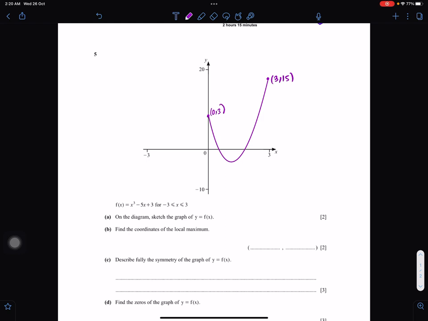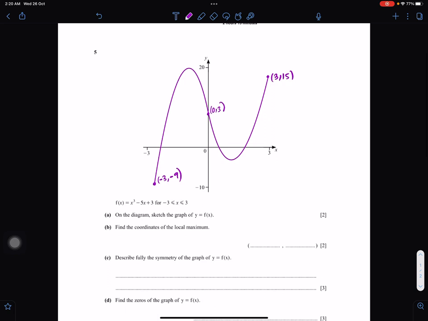Similarly, we have an exact similar graph on the other side with the minimum point, which is nearly at (-3, -9). So this has to be the graph that you can directly copy from your GDC screen.